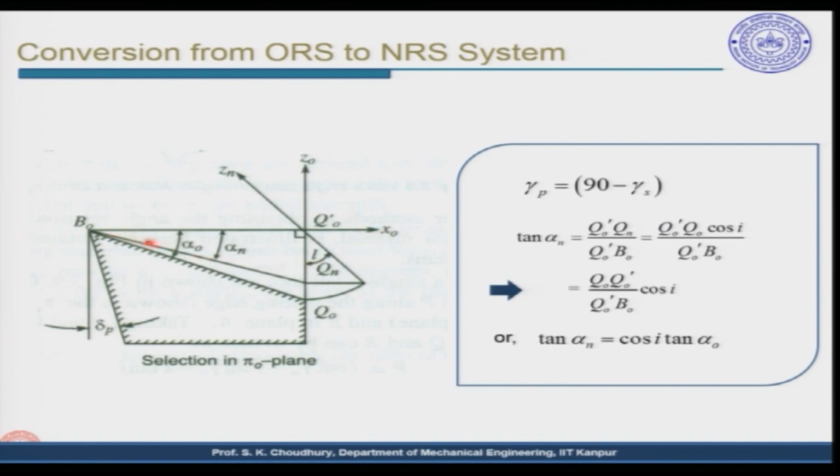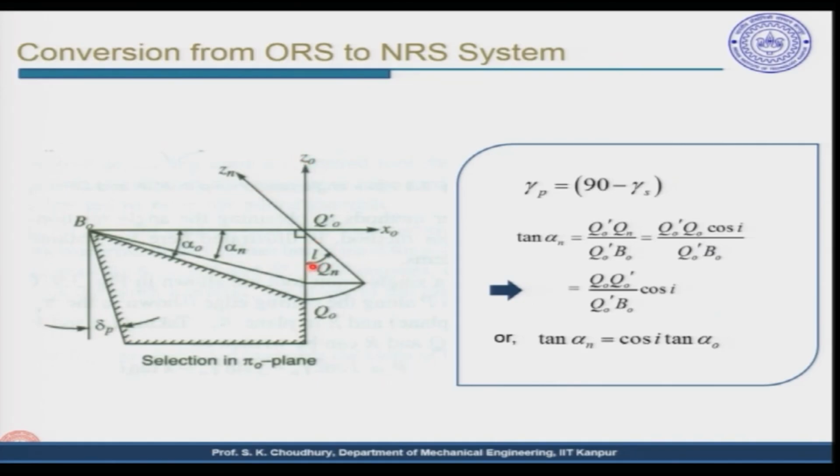Now, the angle between B0 Qn and the x axis will be the normal rake angle, because we have projected this tool to the normal rake system, that is Zn, and this system is inclined to Z0 by an angle of I.